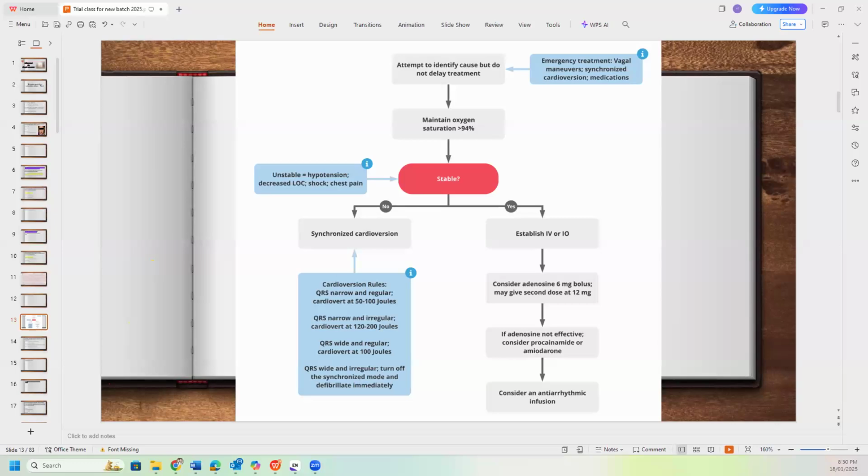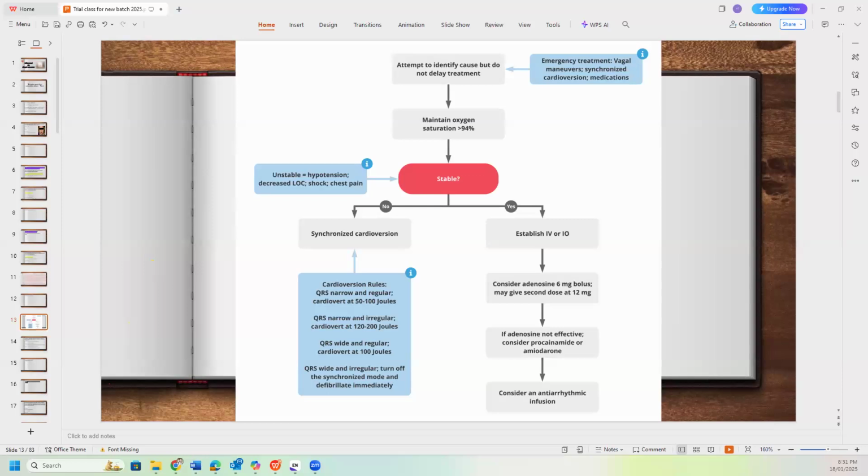In any arrhythmias, doesn't matter whether it's atrial fibrillation, supraventricular tachycardias, or ventricular tachycardias, we always see, first of all, whether a person is hemodynamically stable or not. Hemodynamically stable means that their blood pressure is okay, they don't have altered level of consciousness, they're not complaining of chest pain, and they're not in a condition of shock. If everything is okay hemodynamically, then you can try to do maneuvers.